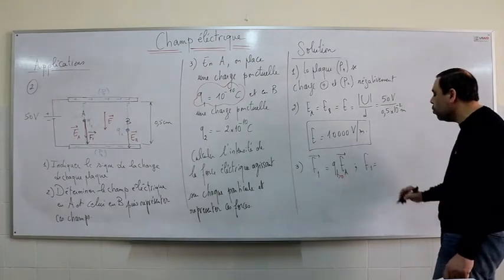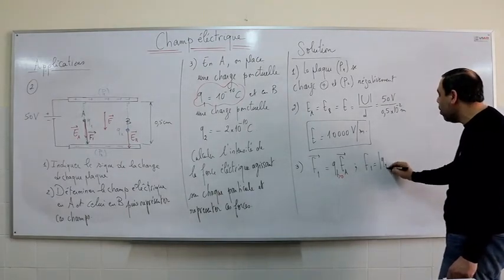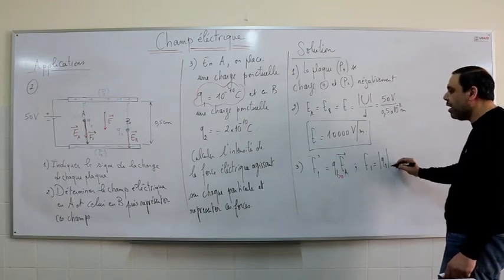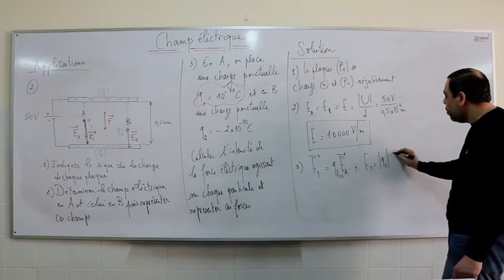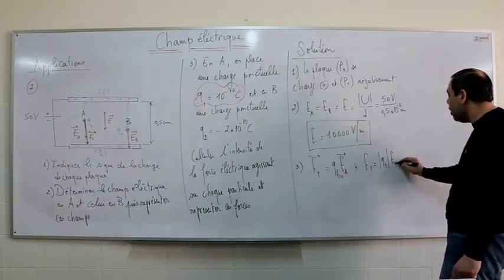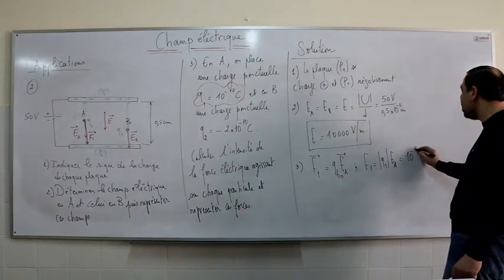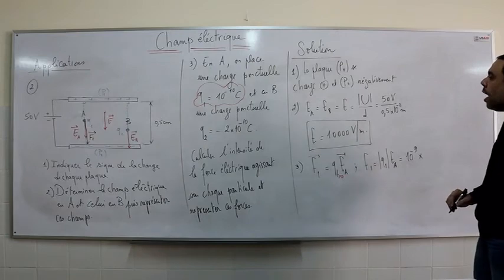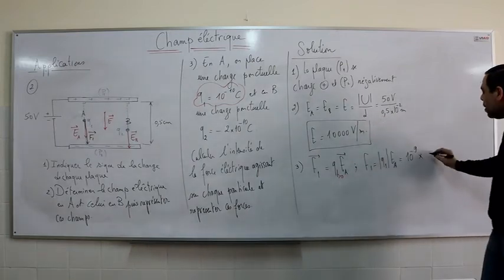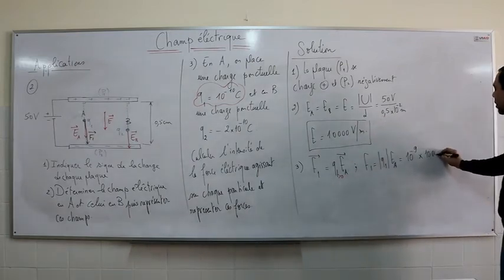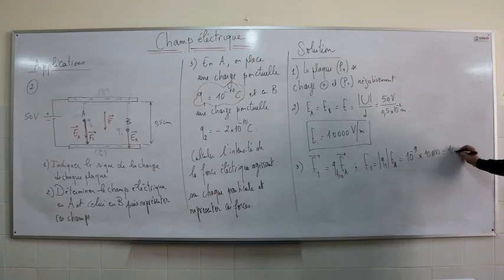The magnitude of F1 is Q1 in absolute value multiplied by EA. 10 exponent minus 9 multiplied by 10,000. The answer is 10 exponent minus 5 newtons.